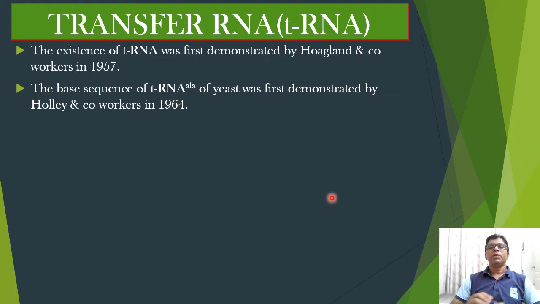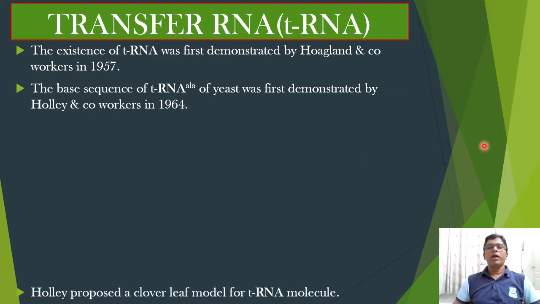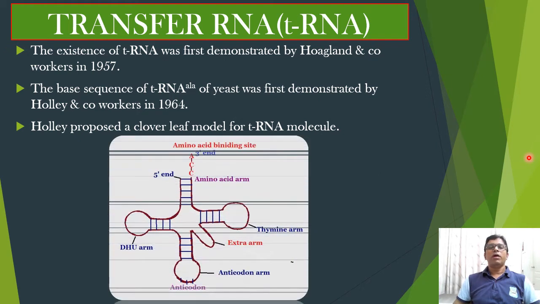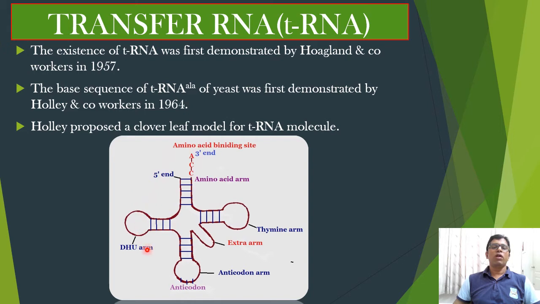Holley proposed a cloverleaf model for the tRNA molecule. This is the cloverleaf model of the tRNA molecule, proposed by Holley. According to this model, the single-stranded polynucleotide chain of the tRNA molecule folds back on itself.